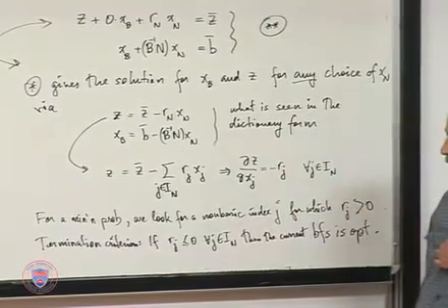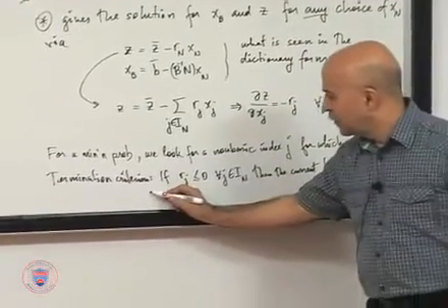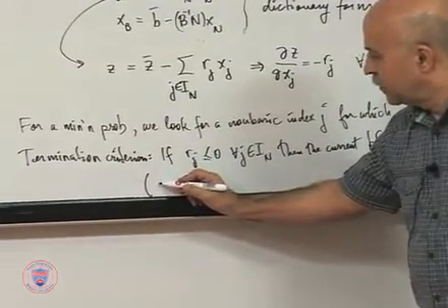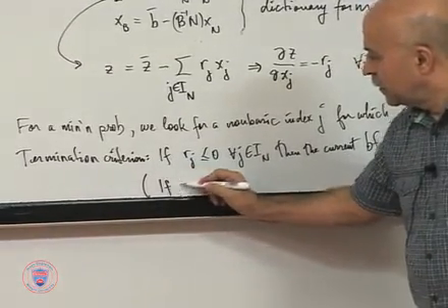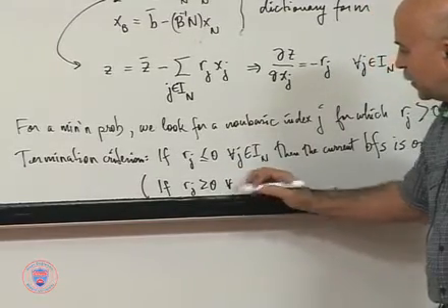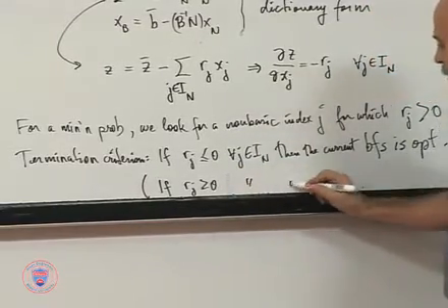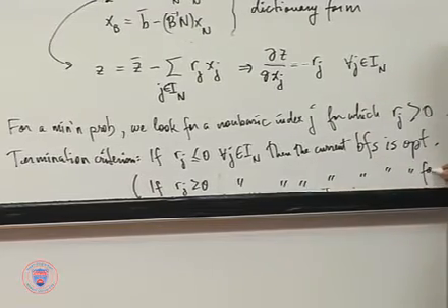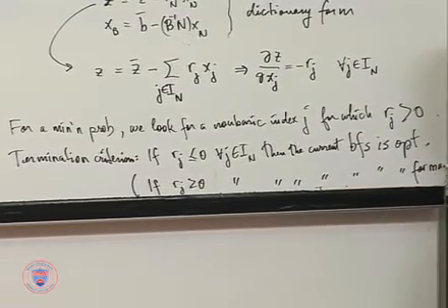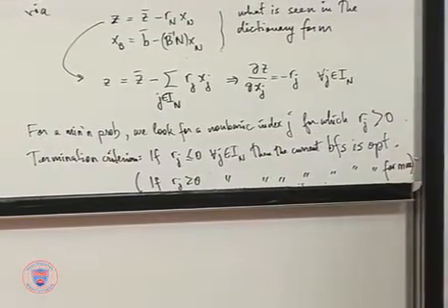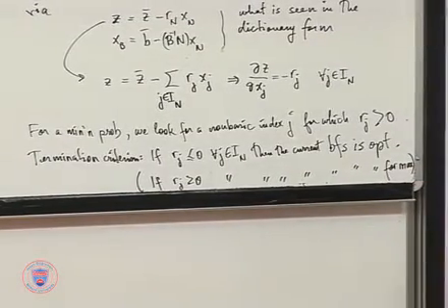This is a minimization. And for a maximization, of course, you want it the other way around. For a maximization problem, there's a little writing there that says for maximization. Okay?